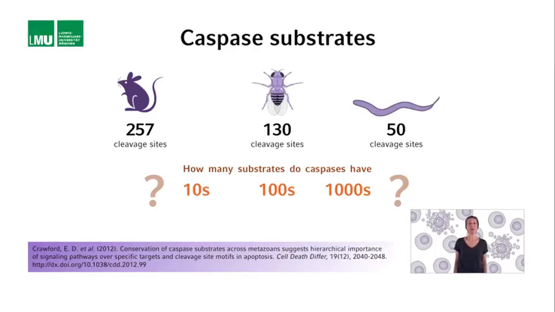Most proteins identified had only one cleavage site. So the number of proteins that are cleaved by caspases in the mouse is about 200, or slightly more than 200. So there are not only tens of caspase substrates, but also not thousands of caspase substrates, but somewhere in between. New substrates are still being discovered with new methodology.